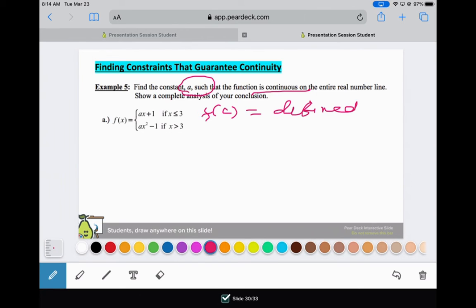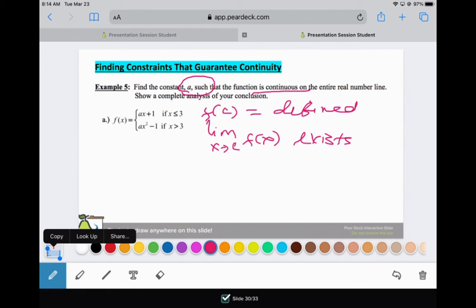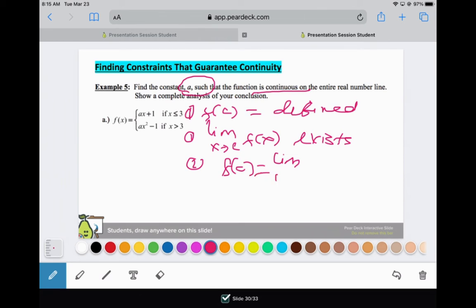Step 2: there is a limit as x approaches c of f of x. Step 3: f of c is equal to the limit, and they must have the same values. So in order for the function to be continuous, it's important to assess that there is a limit.